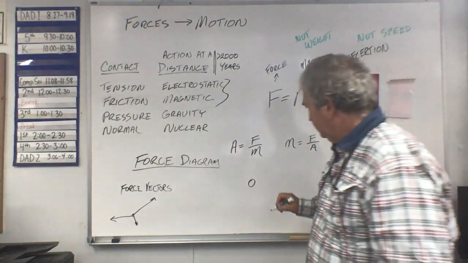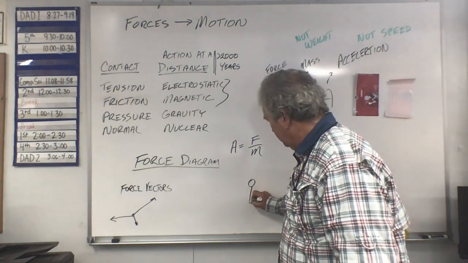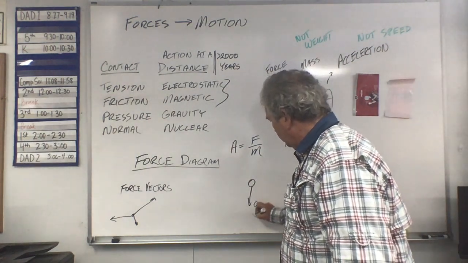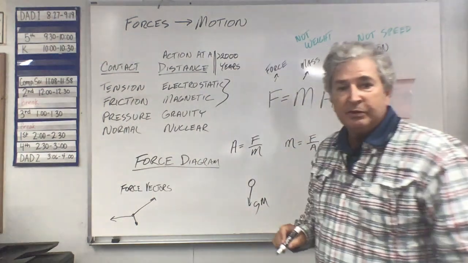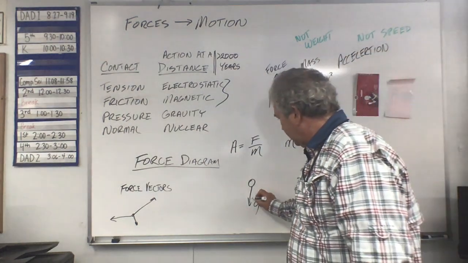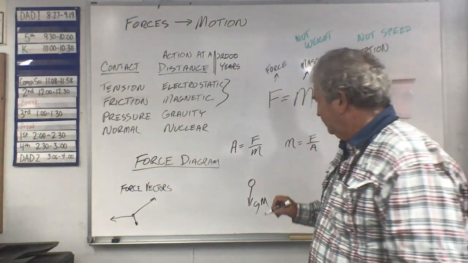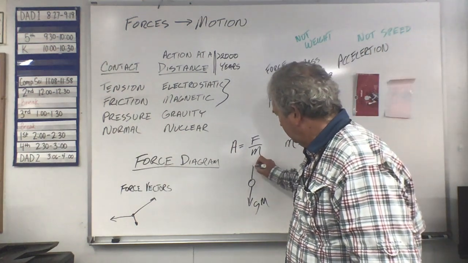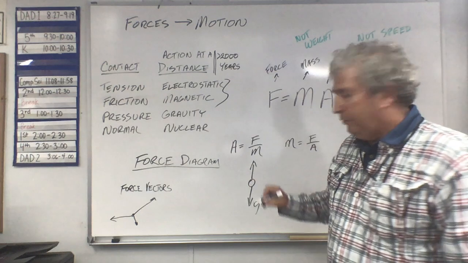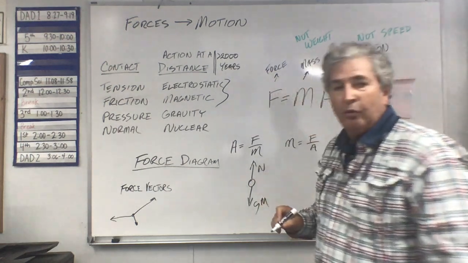There's the marker. Gravity times the mass is pulling it down. The tray is applying an equal force we call normal.